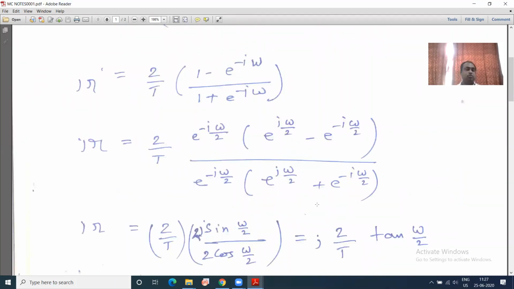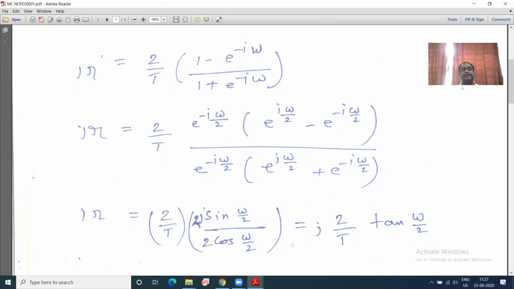Now, therefore, what we can see is that j omega equal to 2 by T times 2j sine omega by 2 divided by 2 cos omega by 2, because e power j omega by 2 minus e power minus j omega by 2 is equal to 2j sine omega by 2, and e power j omega by 2 plus e power minus j omega by 2 is 2 cos omega by 2.